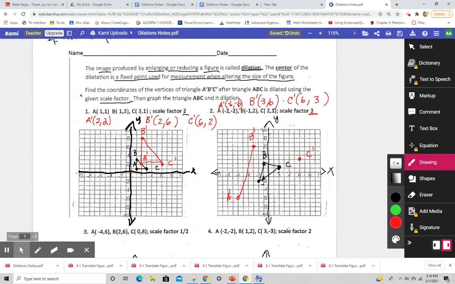Connect these points. All right, so we've dilated it by a scale factor of 3. The points with the apostrophes indicate the image, and the ones without the apostrophes indicate the pre-image.